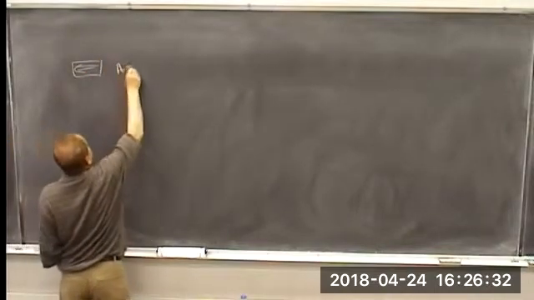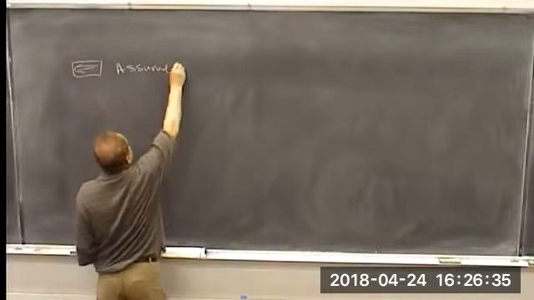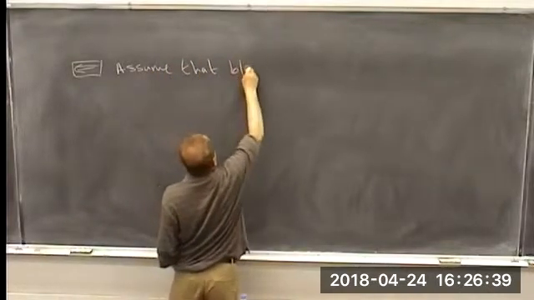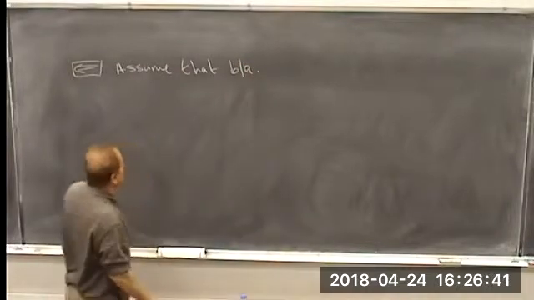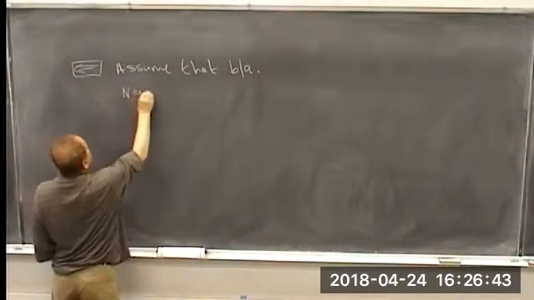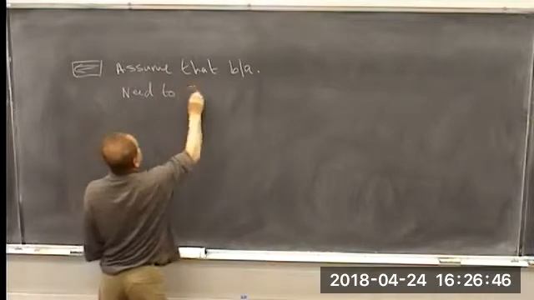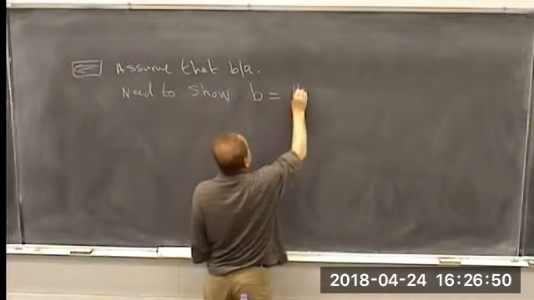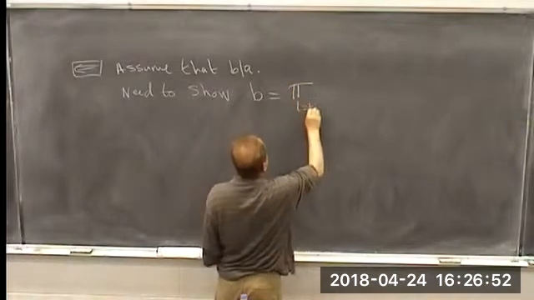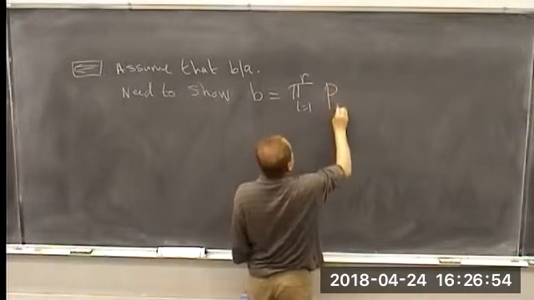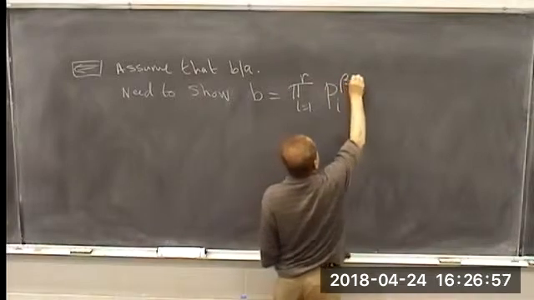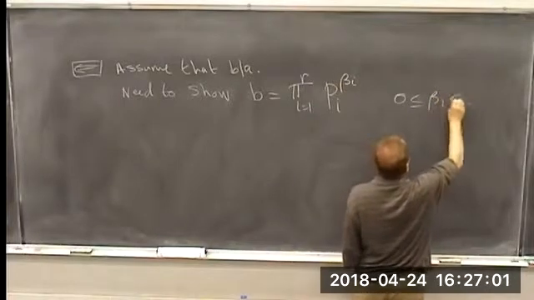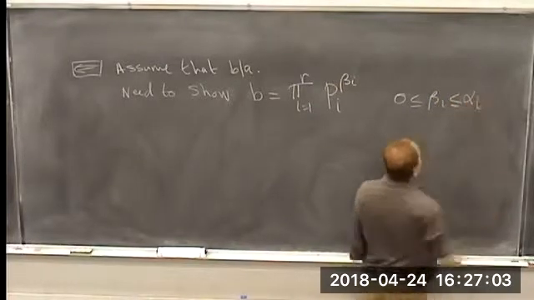So let's assume that B divides A. You need to show B is written the way it is written, the product for i equal 1 to r of p_i to the beta i, for every i.